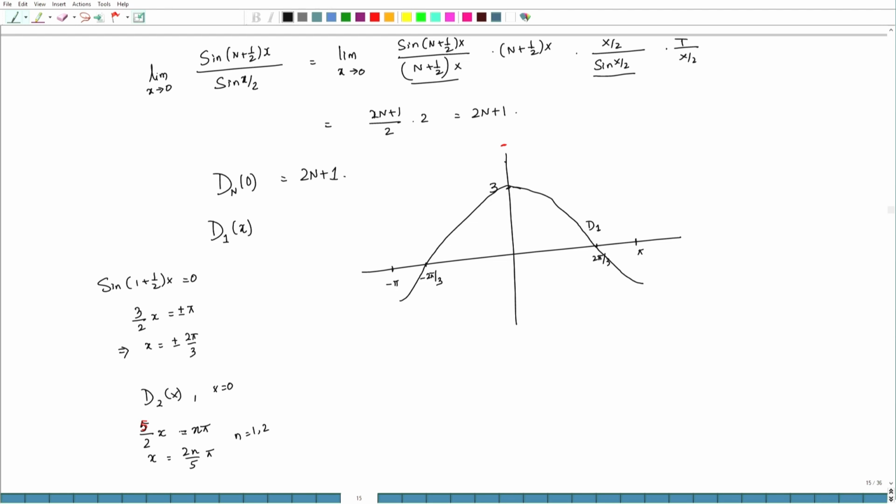So, therefore, for n equal to 1, this is 2 pi by 5, n equal to 2 is 4 pi by 5. So, similarly, this is minus 2 pi by 5 and then this is minus 4 pi by 5. Now, here this is 0. So, D_2 is going to look like this.